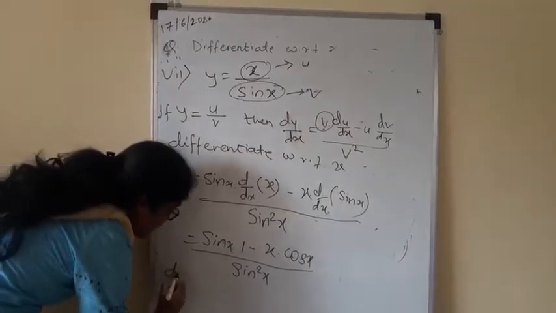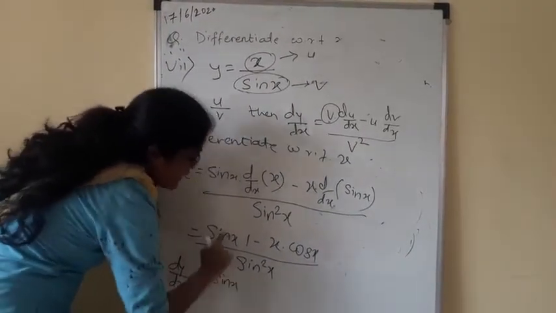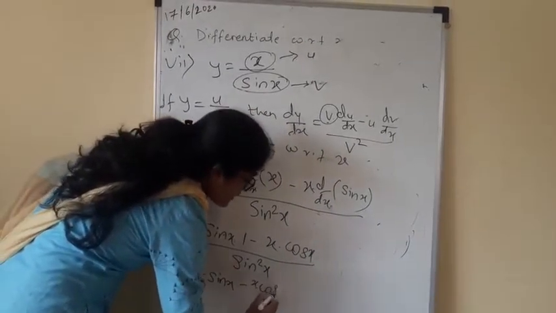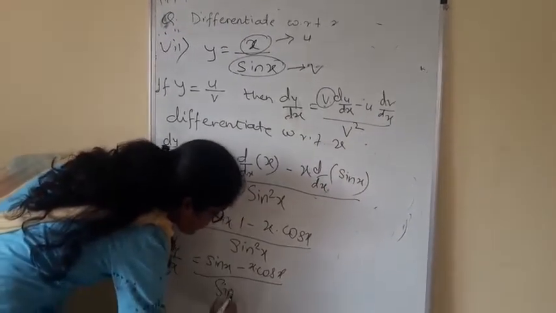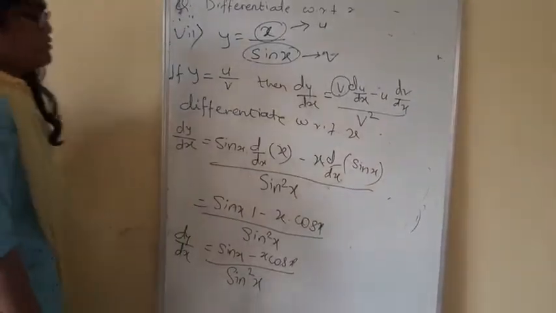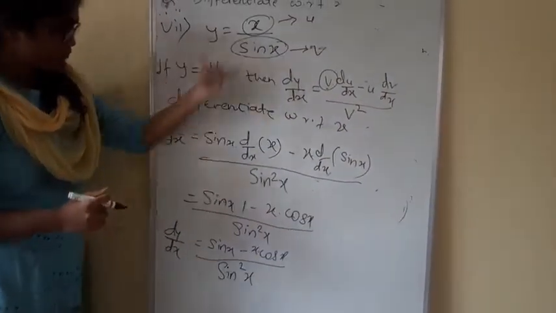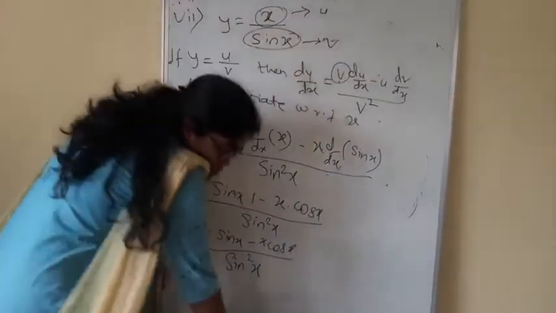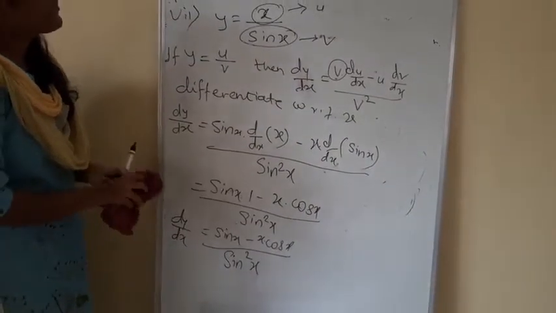So dy by dx is sin x into 1 is sin x only, minus x cos x, divided by sin square x. So this is the derivative of this function. So next problem.